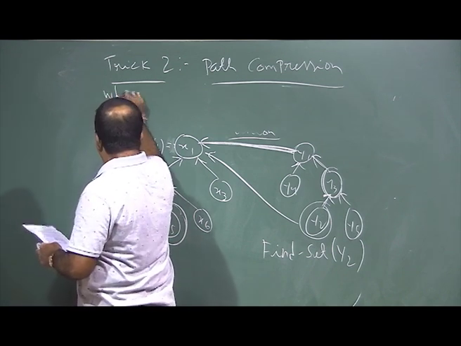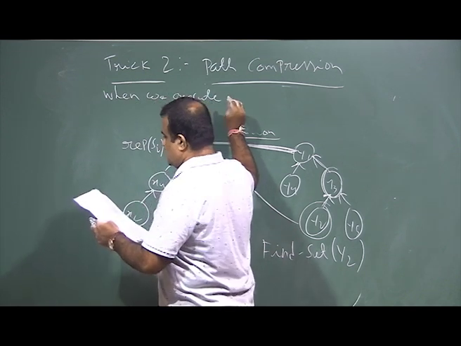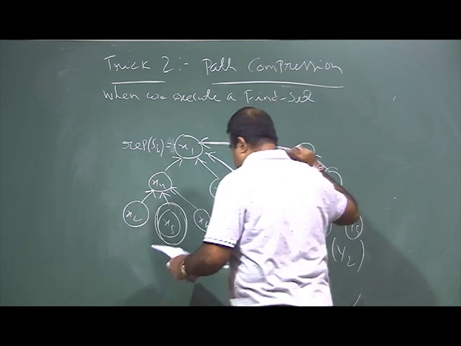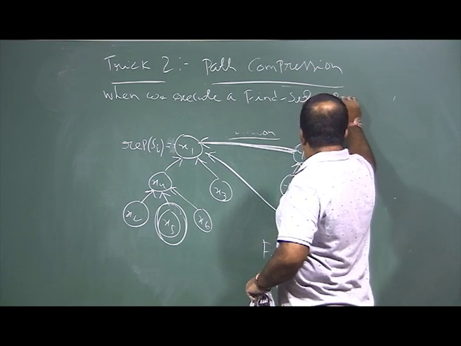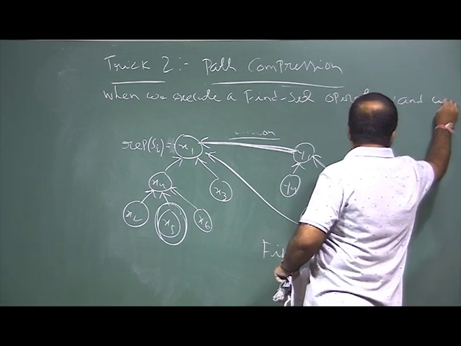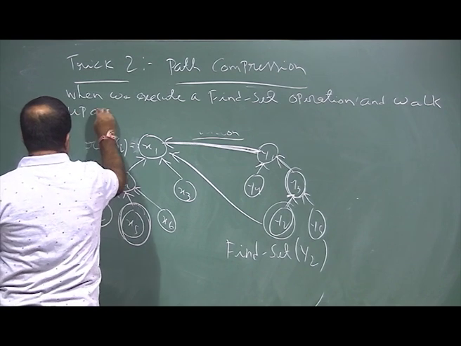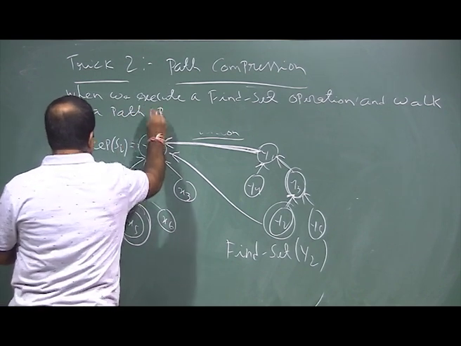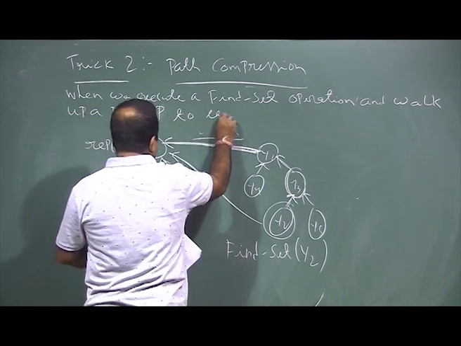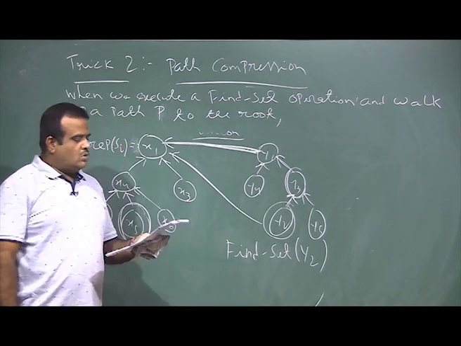So, when we execute a find set operation and walk up a path P to the root, we know the representative.